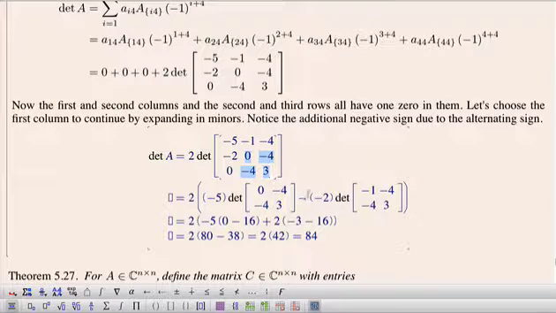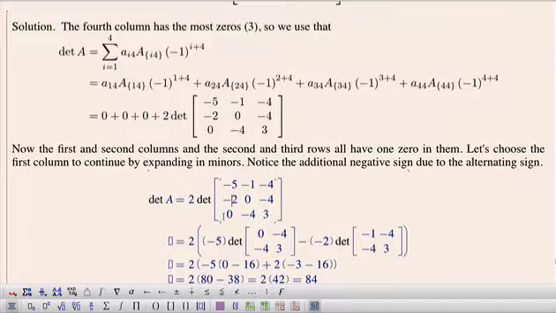So that means we have an additional negative sign, and then we have -2 because it's the entry there. If we cover the second row and first column, the row and column of -2, we get -1, -4, 4, -3 for this determinant. Then of course we can calculate the 2 by 2 determinants, and after some calculation we end up with 84.